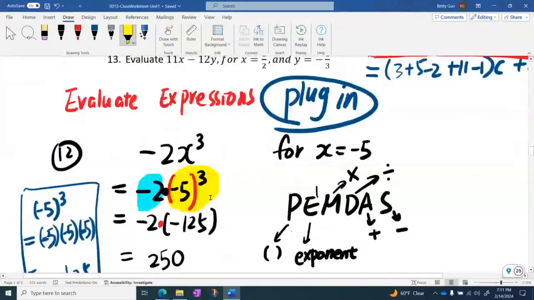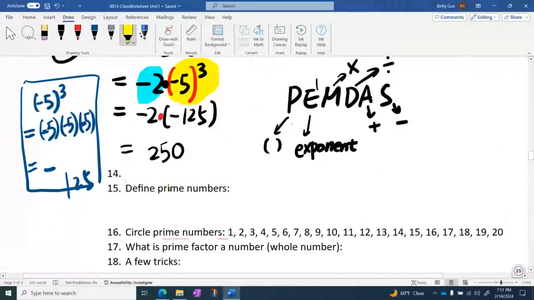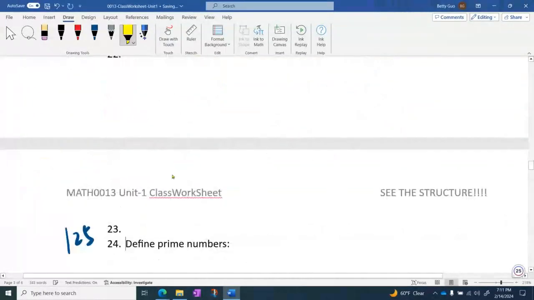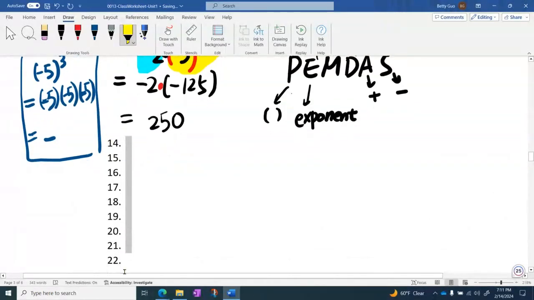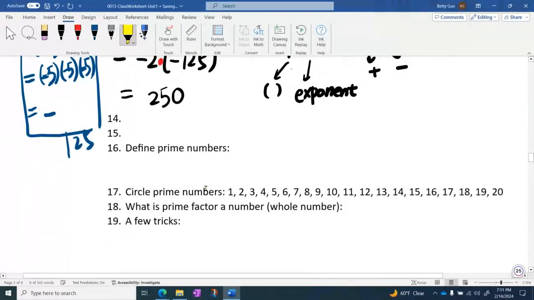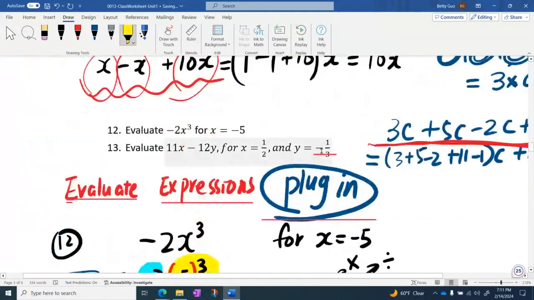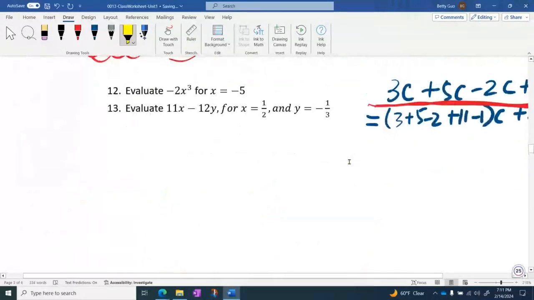Well, let's look at number 13. It's about evaluating again.